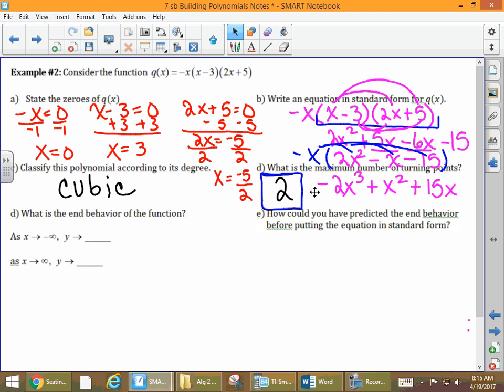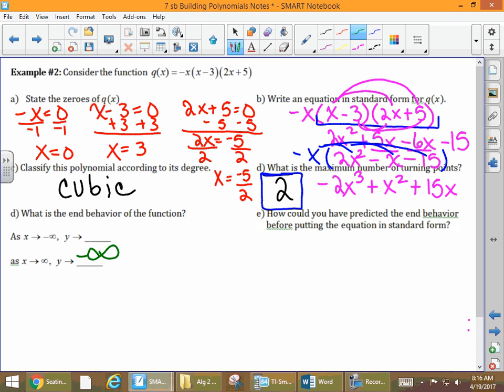Now, it says, what is the end behavior of this function? Notice that our leading coefficient is negative, which means that when we get down here, we're going to finish by going negative.